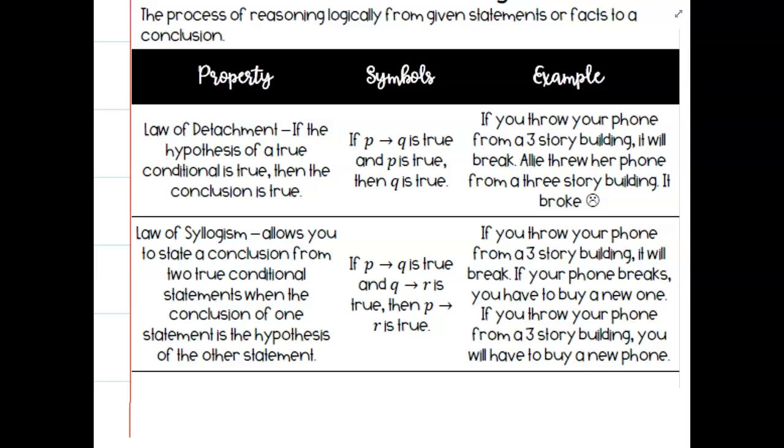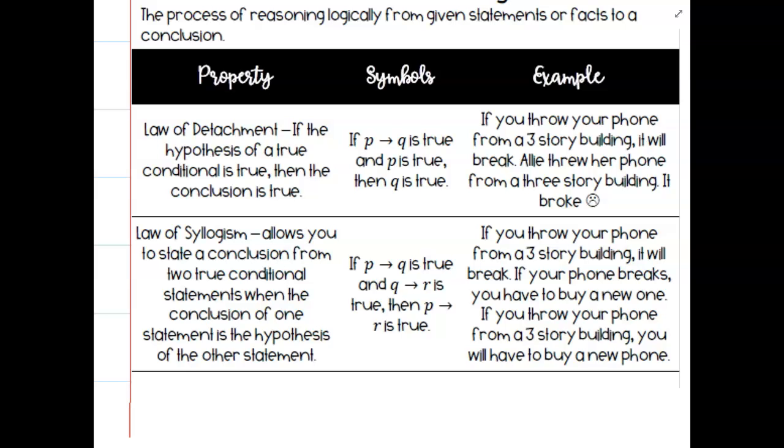If I had instead given you the information, Allie's phone broke, well, maybe she threw it from a 3-story building, or maybe she dropped it in the toilet. I don't know, right? You have to be given something that's going to prove the hypothesis true. If the hypothesis is true, we know the conclusion is true. Does that make sense?